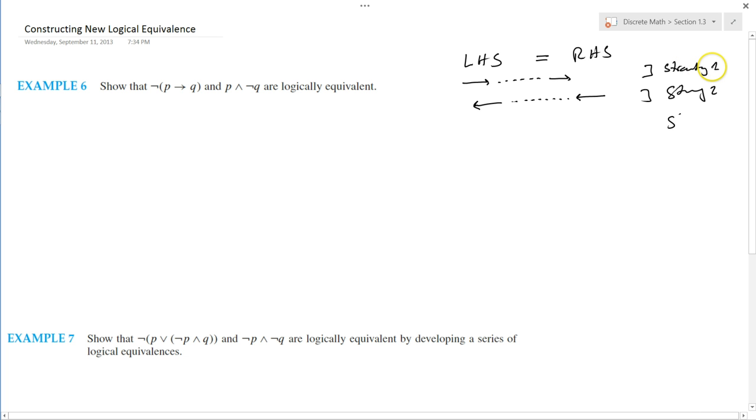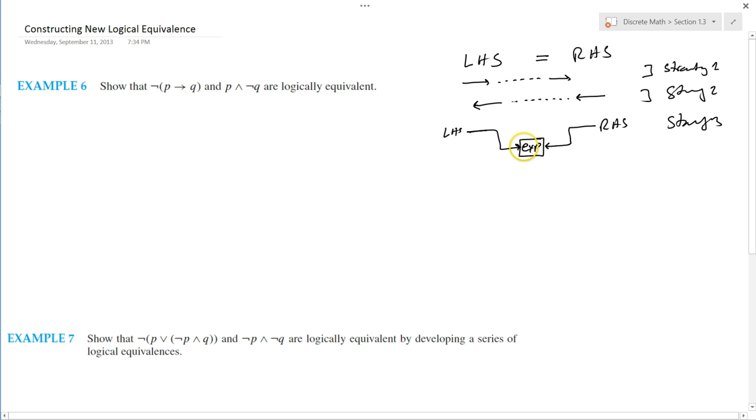A third strategy can also be done, which is that you start from the left-hand side and reach some common expression, and then you do the same thing with the right-hand side. You take the right-hand side and bring it to that specific expression.